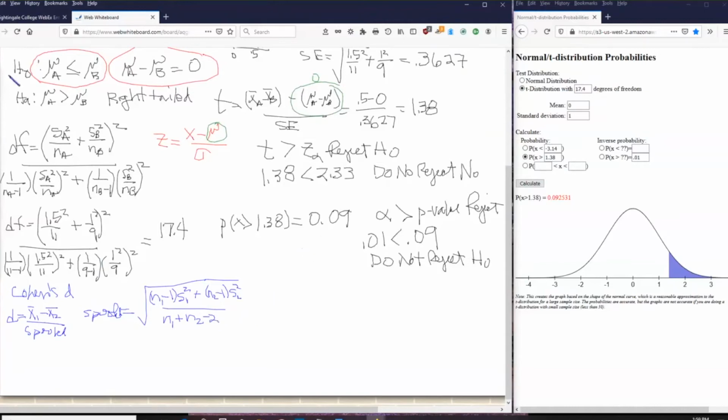So then if we plug in the numbers that we've been working with before, let's get this S pool.